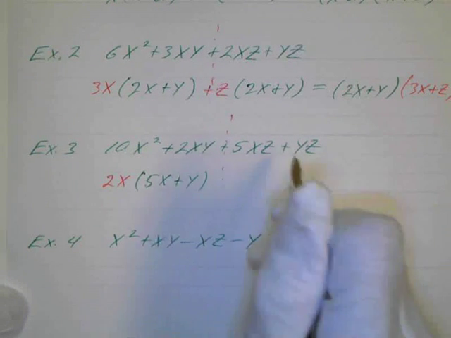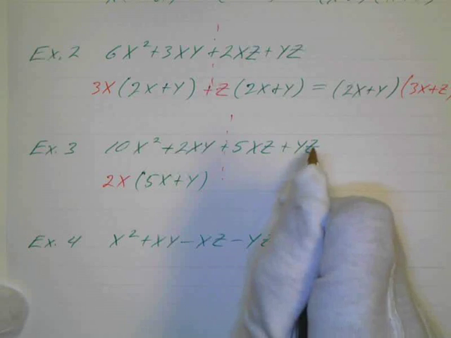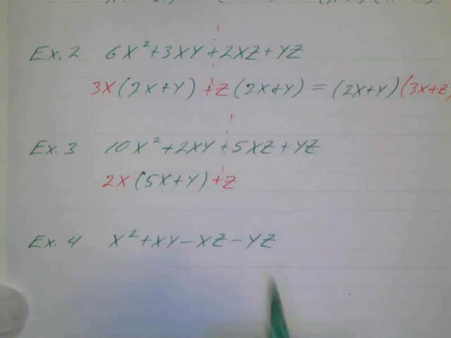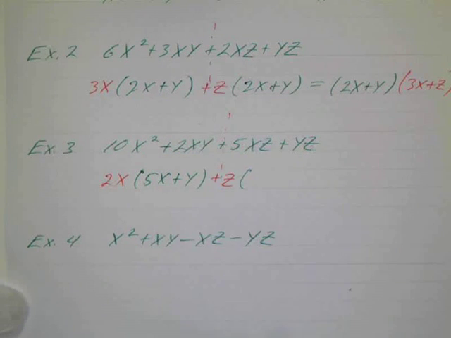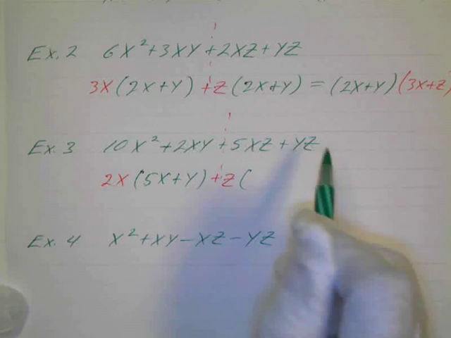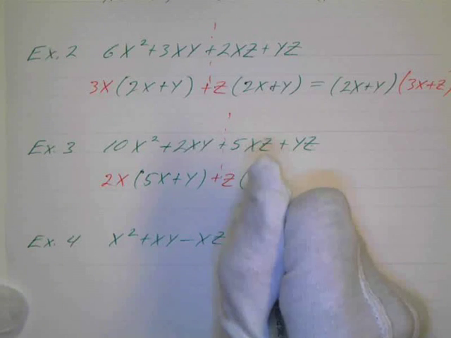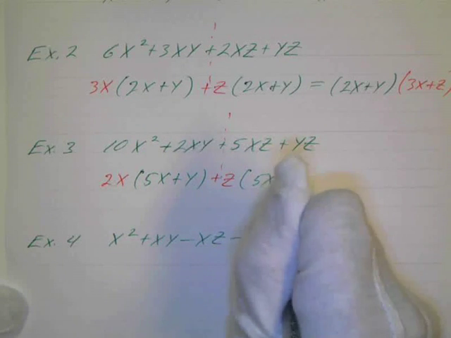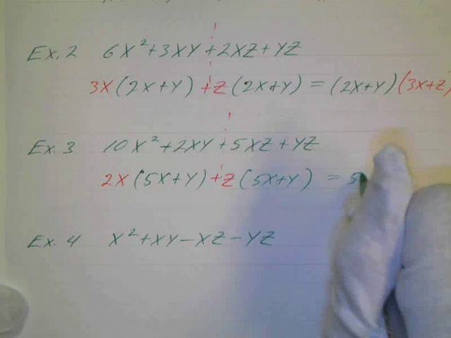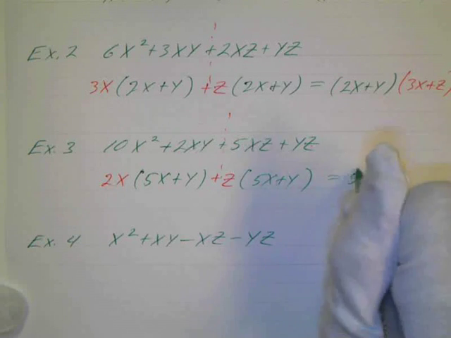And here, it looks like I could take out a z. This is kind of like the last one. Sorry about that. And if I take out a z, I have 5x plus y. And you can see we have a common factor of 5x plus y, so I'll take that out. 5x plus y.